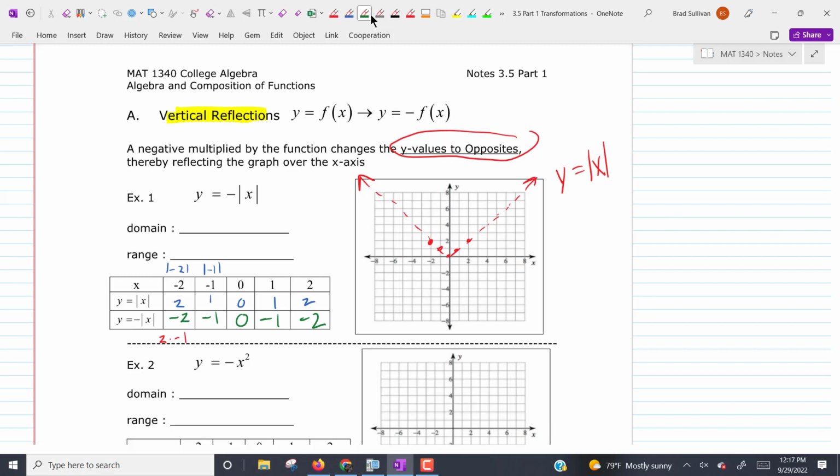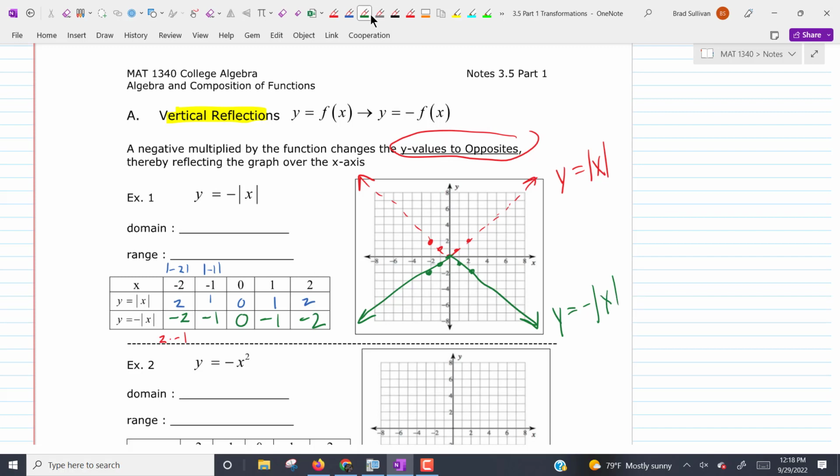That's it, okay? Now, when you're plotting these points, you're still using the same x values, but the y values are different now. So you got -2, -2. All of these dots are flipping over the x-axis. So I plot the points like this, okay? And then that's what your graph looks like, and I'm going to label that y equals negative absolute value of x.